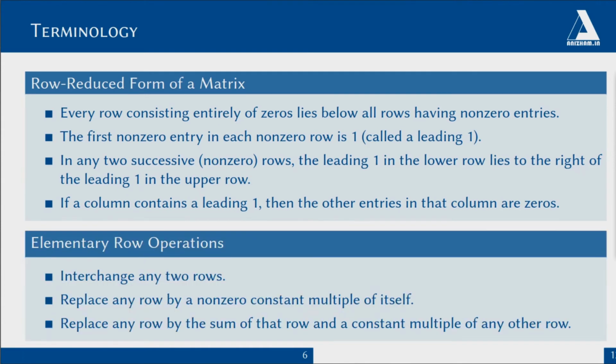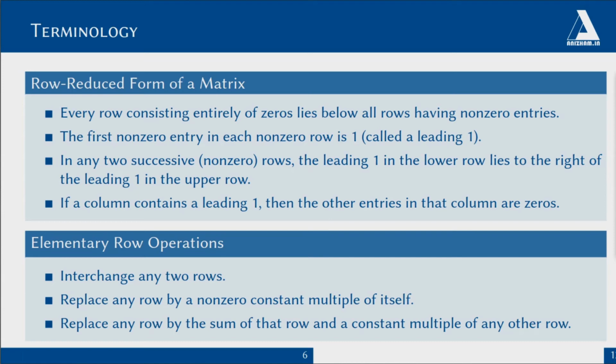Now the elementary row operations. The elementary row operations are equivalent to the operations that we did in the Gauss-Jordan method. In that case we were interchanging two equations. Here we can interchange any two rows.